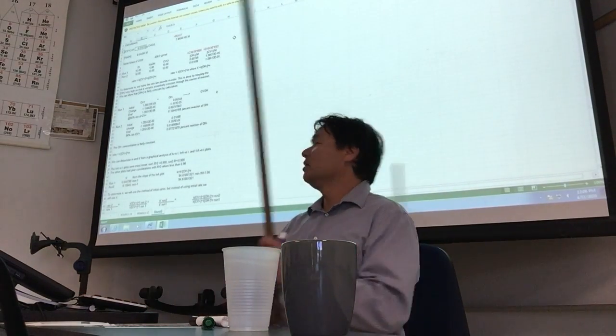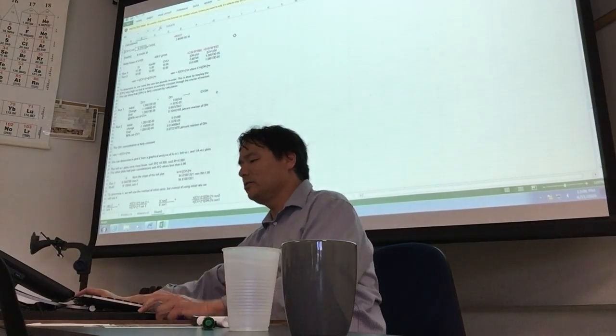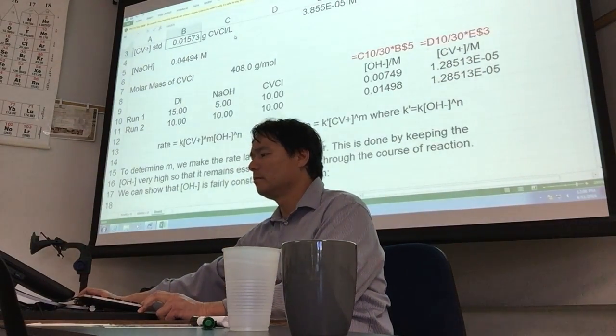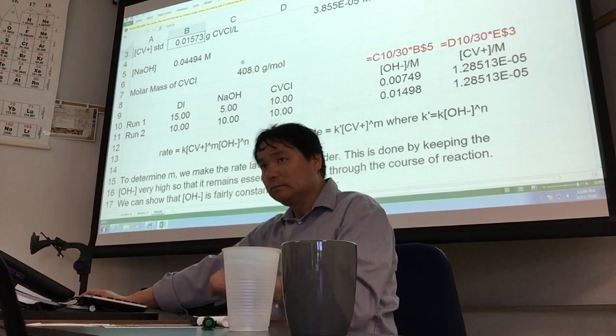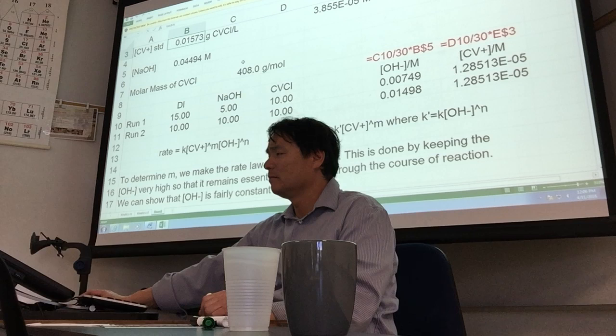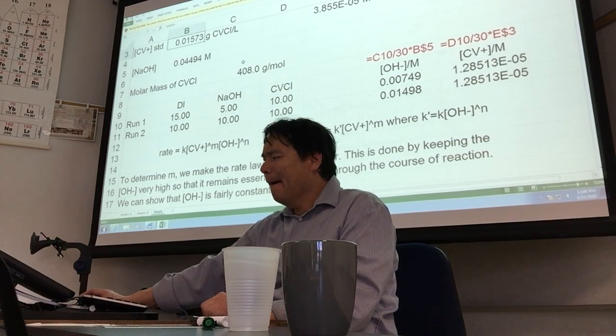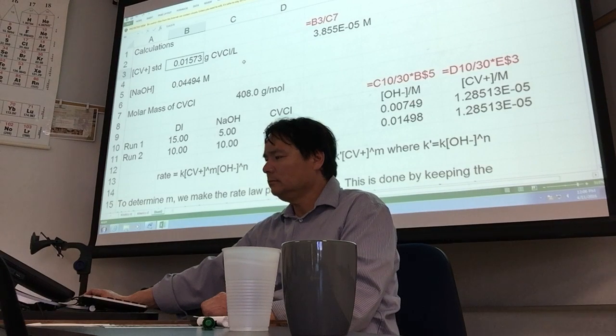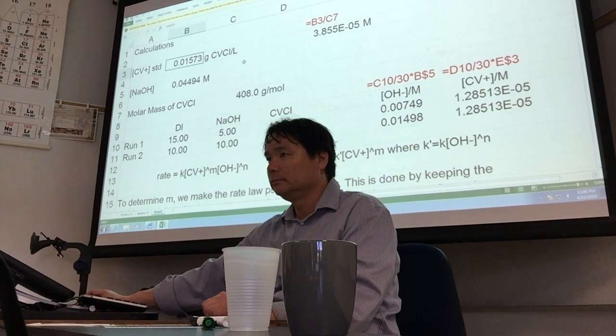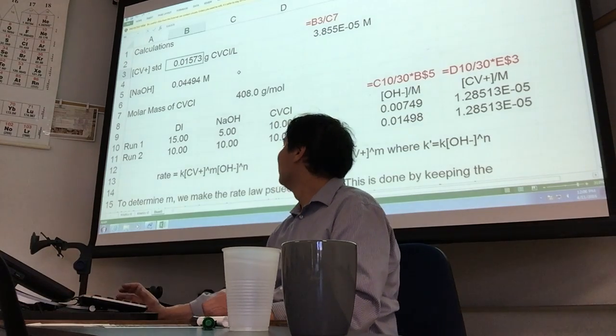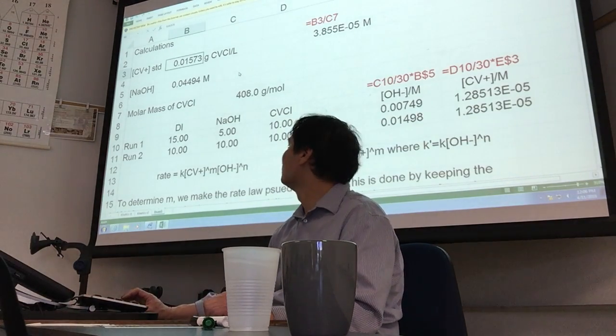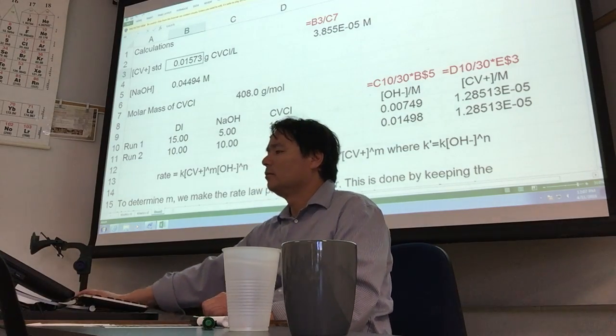All right, does anybody know the crystal violet concentration that we use? Okay, this is from a different year, so I need to change this. 0.01593.